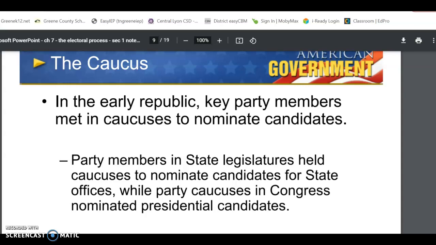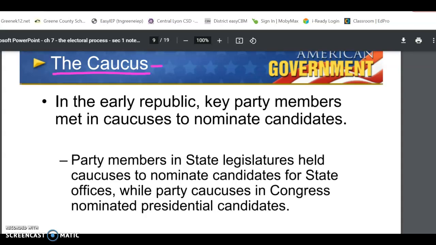So the second way that a candidate can run for public office is through the caucus. In the early republic, key party members met in caucuses to nominate candidates. That's not really what happens now, but that was how the caucus began. Party members and state legislators held caucuses to nominate candidates for state office, while party caucuses in Congress nominated presidential candidates.